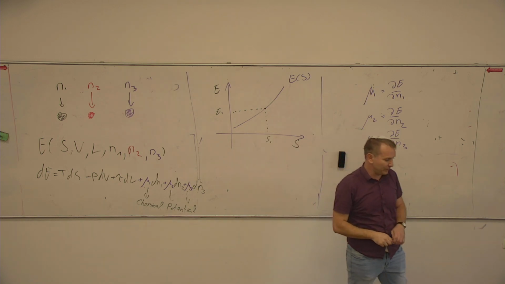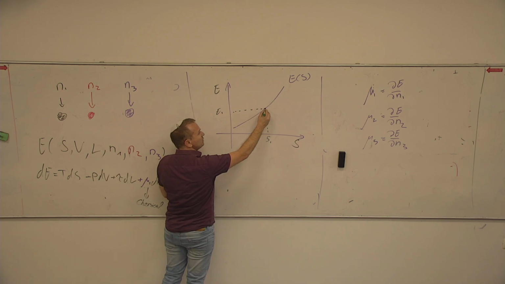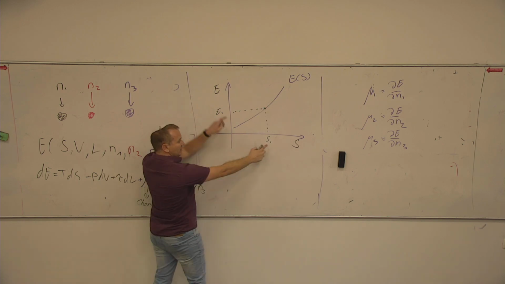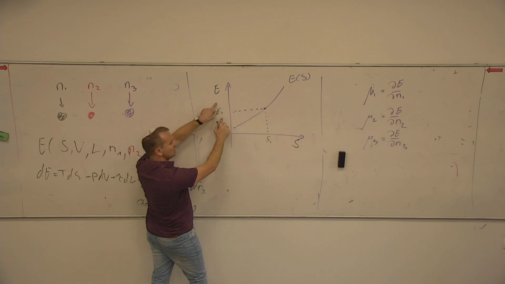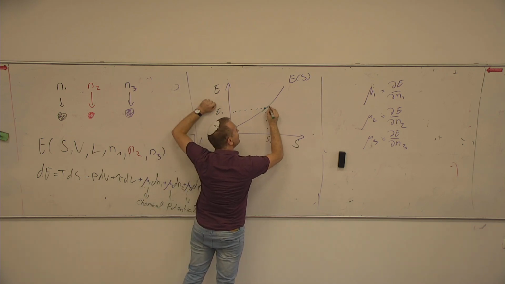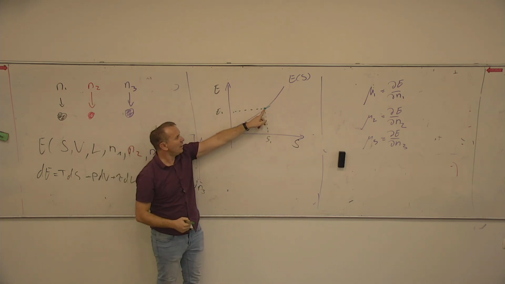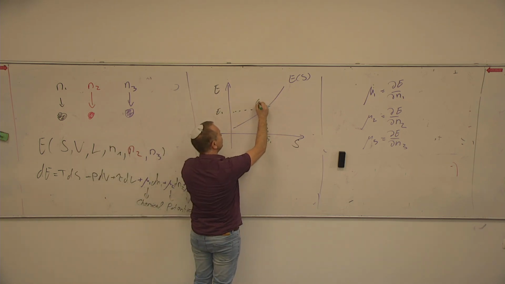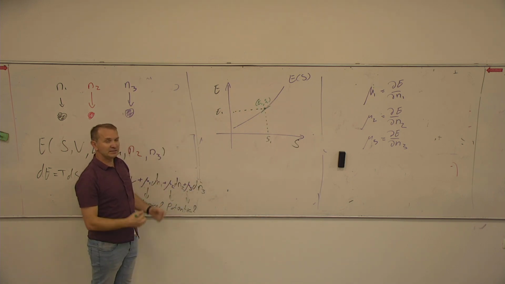Okay, so what do I do? First of all, I want to describe the curve not just by taking the position along the x-axis and the position along the y-axis. I would take the derivative, or the slope, of this curve at this point, E1, S1. Okay? But it's not enough, right?